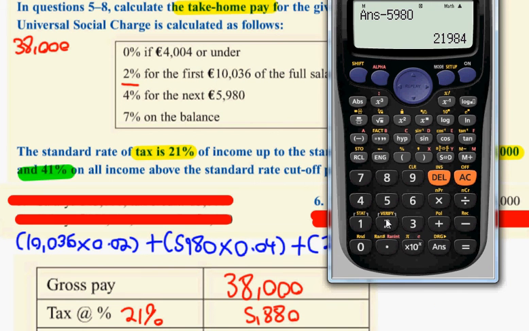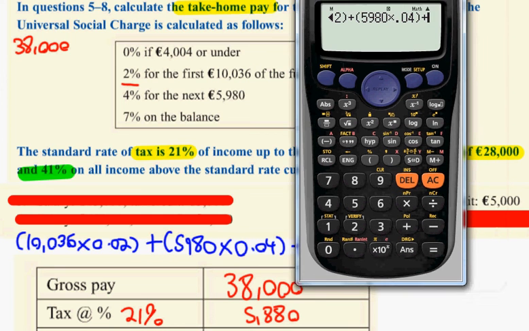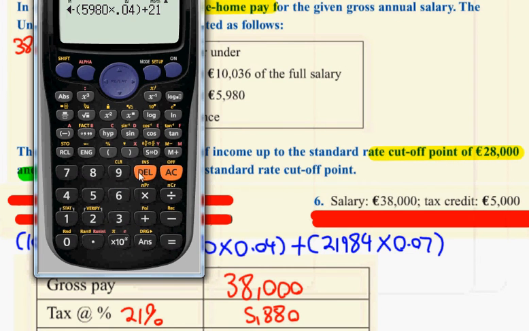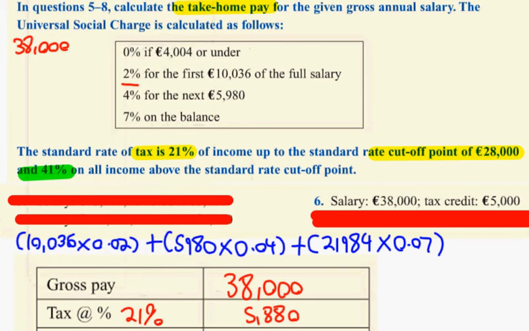So, we'll do it now. 10,036, I'll use brackets, multiplied by 0.02, plus 5,980 multiplied by 0.04, and then finally plus 21,984 multiplied by 0.07, and that's all our USC taken into consideration. Our USC is going to come to 1978.80.